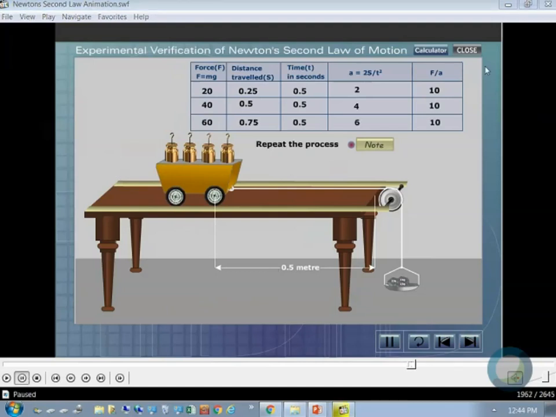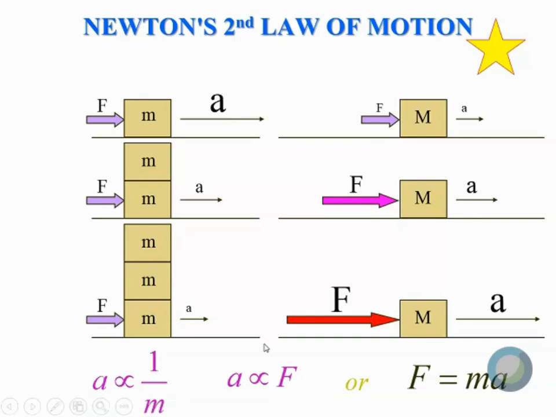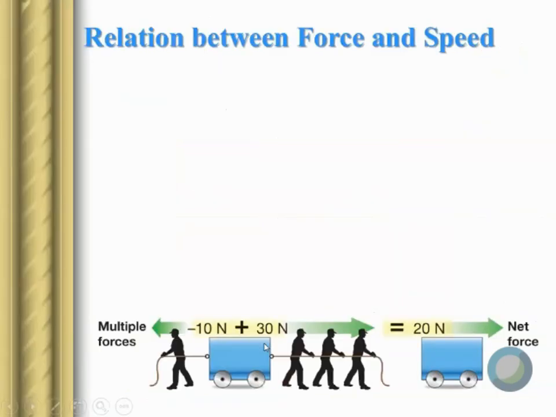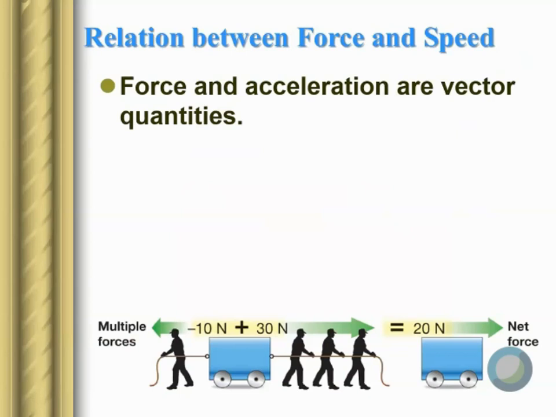In the table, we can find that F by A, force by acceleration, is always constant. So this shows that our second law of motion, as stated by Newton, is justified. From experiments also you can come to the conclusion that Newton's second law can be taken as proof for all that he has said.